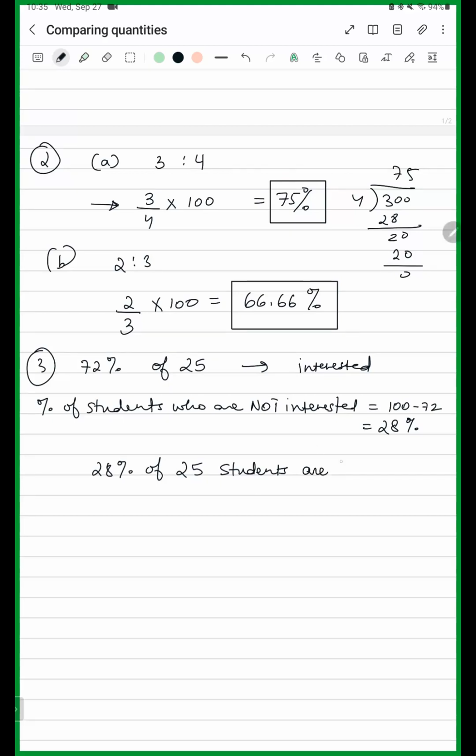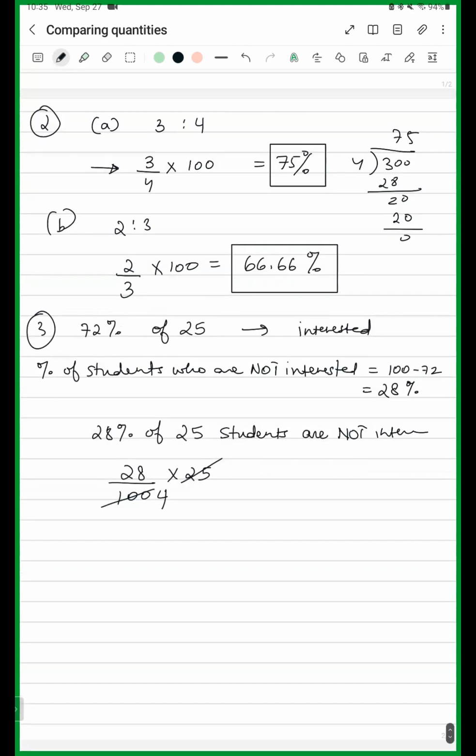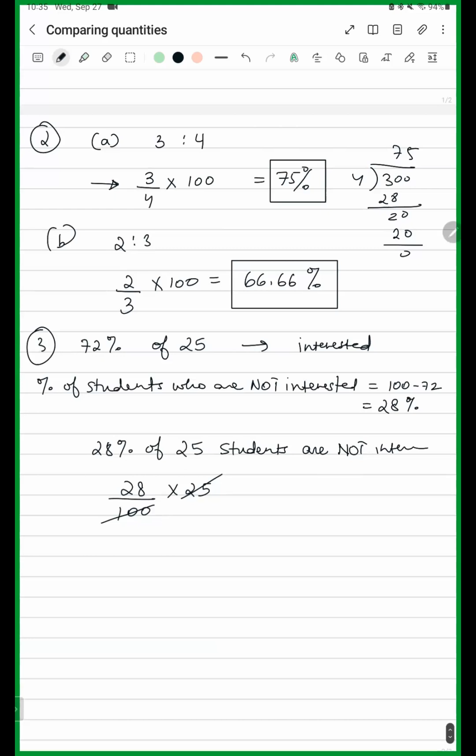Very good. 25 fours are 100. So always remember that 25 and 100 are really good friends. They cancel each other out very well. Just remember this: 25 fours are 100. And then 4 sevens are 28. So this is 7. So 7 students are not interested.